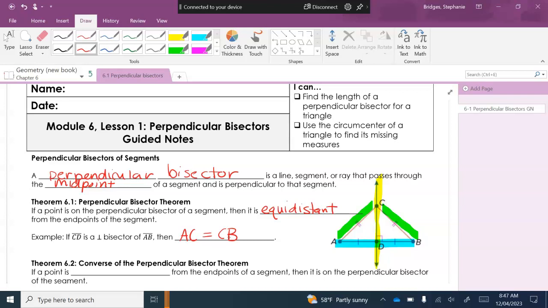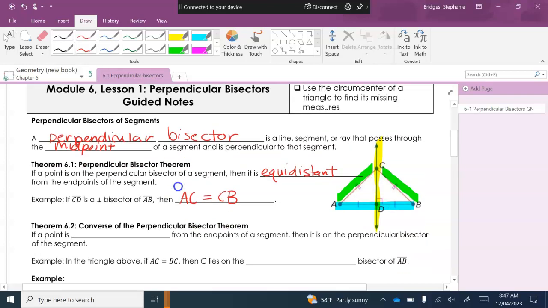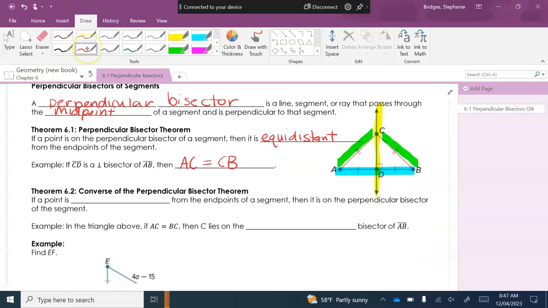And then the converse of that is also true, okay? So that says if a point is equidistant again from the endpoints of a segment, then it is the perpendicular bisector of that segment. Basically it's just switching this around.